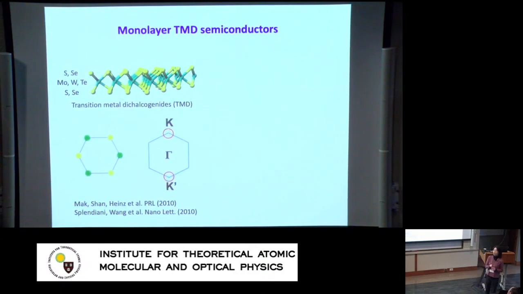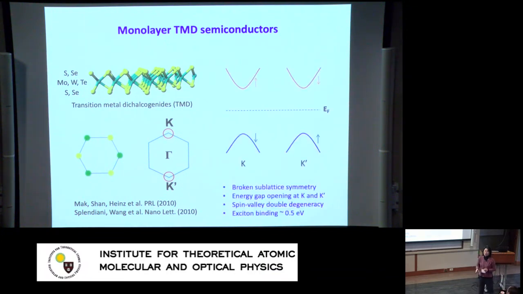The building block is a monolayer of transition metal dichalcogenide semiconductors. We've already heard from Mohammed yesterday. So you can just think of this as gapped graphene. The gap occurs at the K and K prime points. This is on the order of 1 to 2 electron volts.